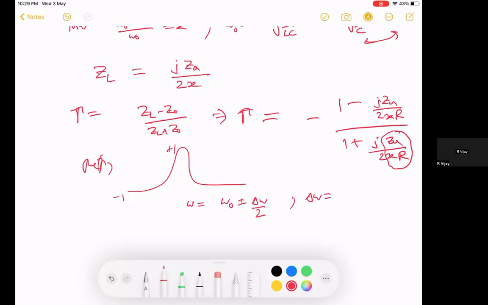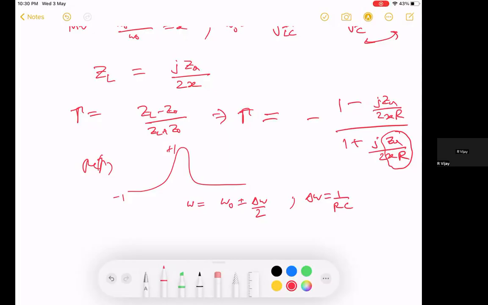But that is basically this 1 over RC. This is the width of the resonance. So if you now calculate the value of omega at these 2 points, then you will see that these are the points where gamma goes to, sorry, I'm mixing words here.